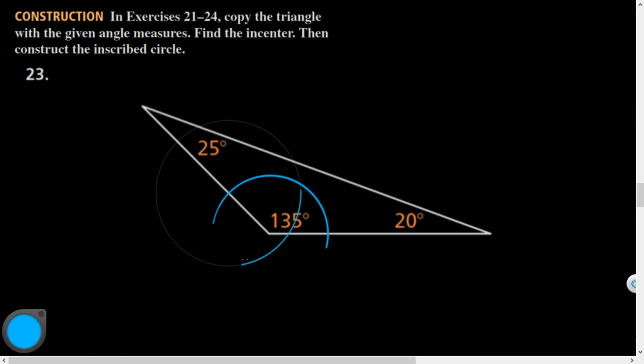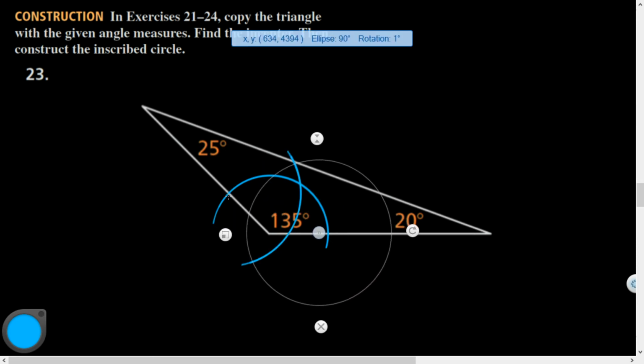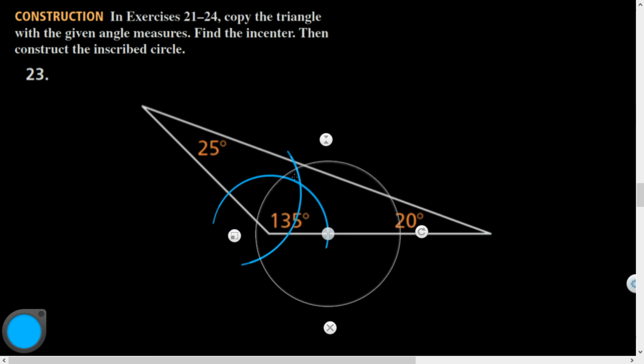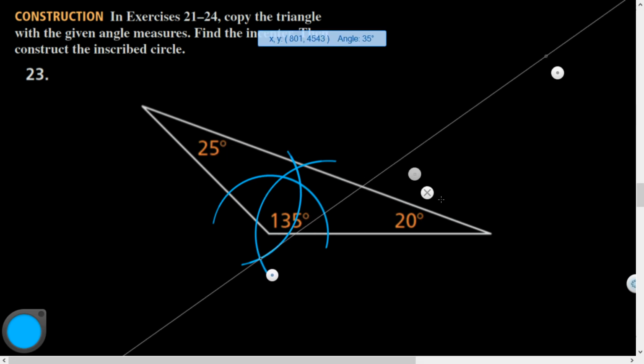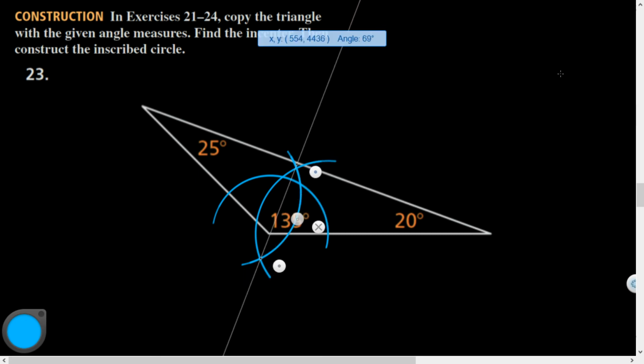It's got to go more than halfway past it, right? So here's one arc and then the same radius on the other side. And if I draw the line through those, like this, this is an angle bisector, all right?